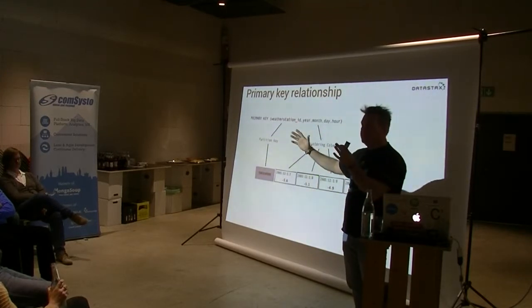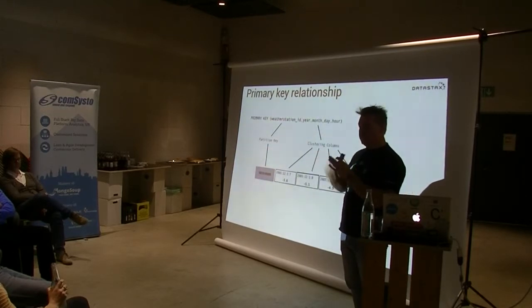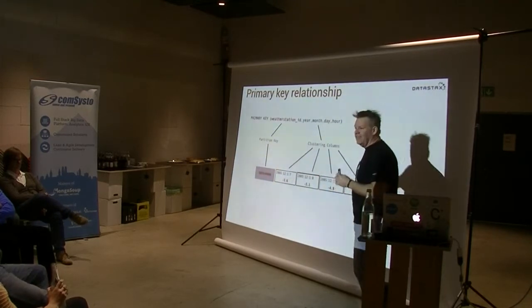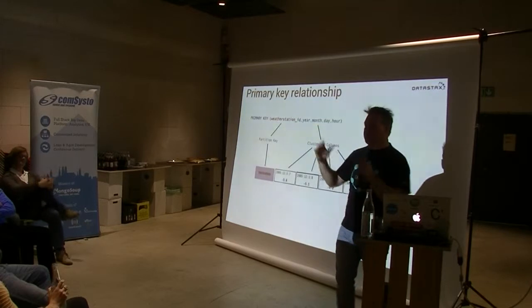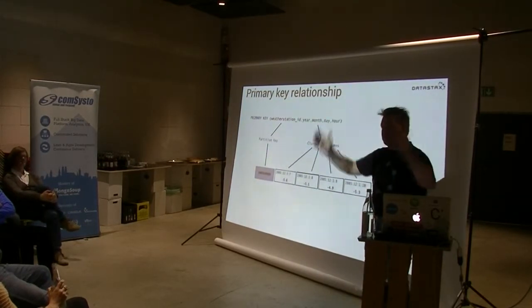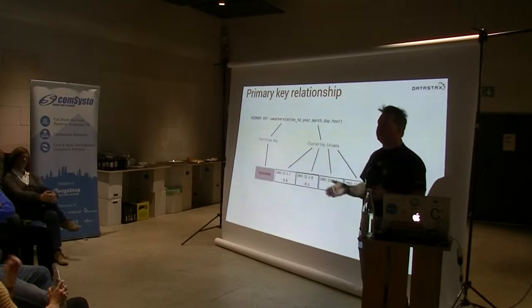The mem table is a structure just like this in memory. Once it goes to the mem table and the commit log, it's acknowledged back to the client. It's just that quick. Now, if you notice, I didn't put anything on disk yet. Later, that mem table, which is this structure in memory, is then sequentially written to the disk. And then that file is immutable at that point. And it will continue to do this. This is log structured files.